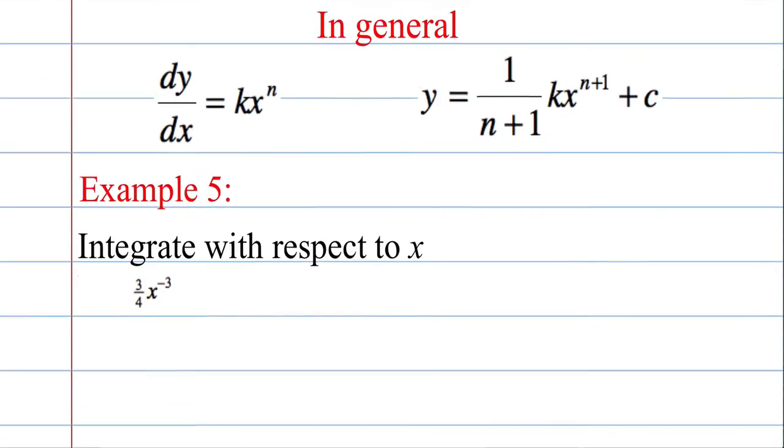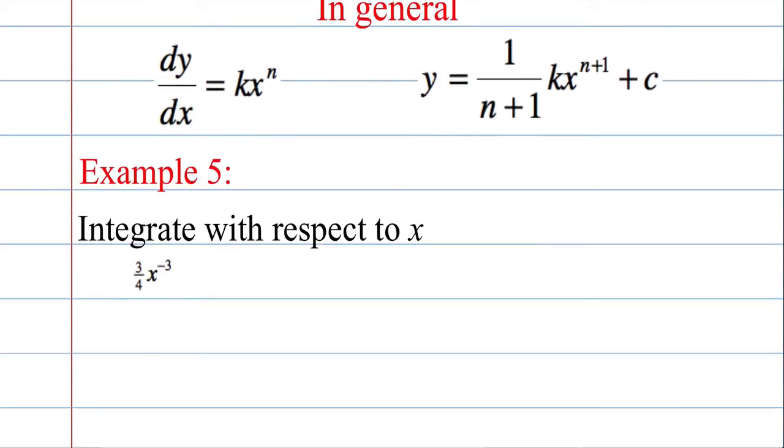Okay, example 5. So slightly more complicated now. We're dealing with a fraction as the coefficient. Okay, so I is going to equal the integral of 3 over 4 x to the negative 3 with respect to x, which is going to equal. Now I'm going to actually show you something which applies to the other questions.